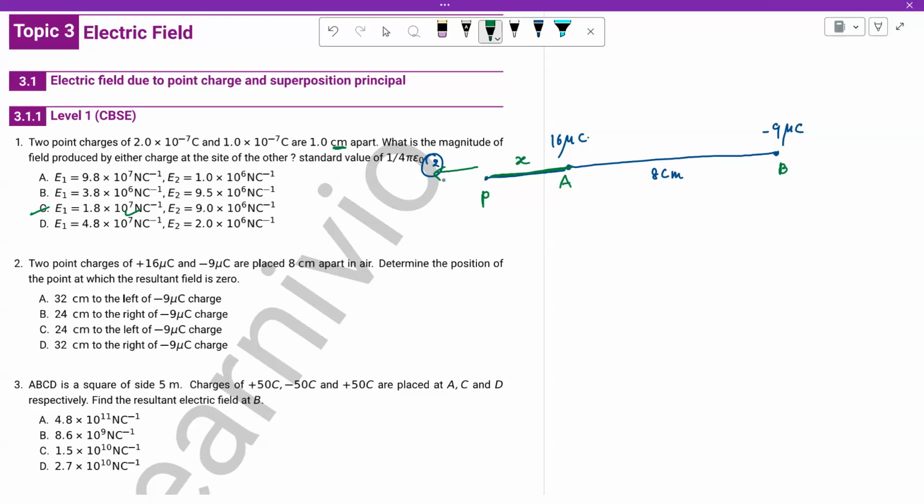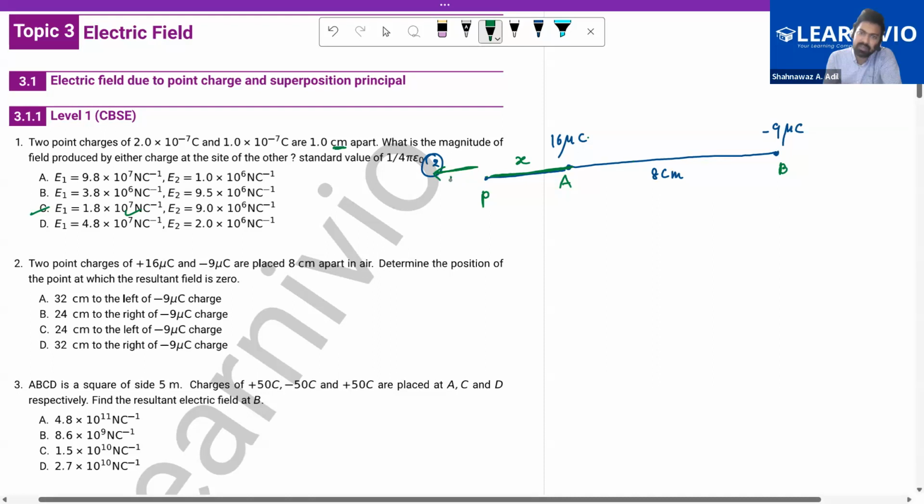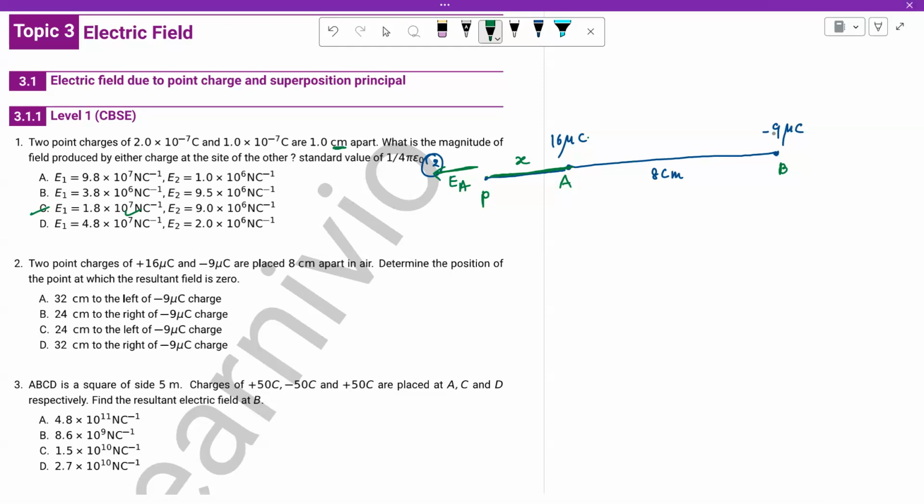In whatever way we want to do this question, we can do it. So let's say that due to this one, the field is on this side, and due to the other one, what would be the direction? The right side. Absolutely correct.